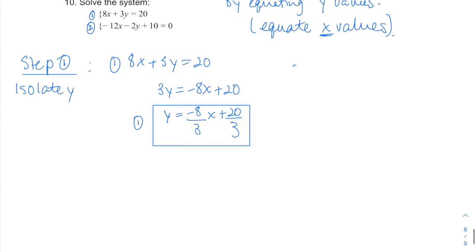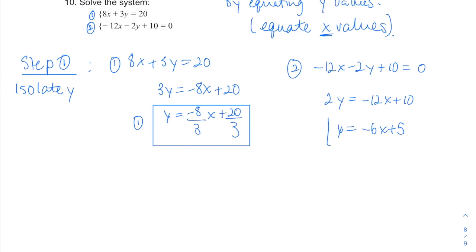So that's our first one. And that is our second one. And if I went too fast for you there, just think about it as moving the negative 2y over to this side and then flipping the left-hand side and right-hand side.